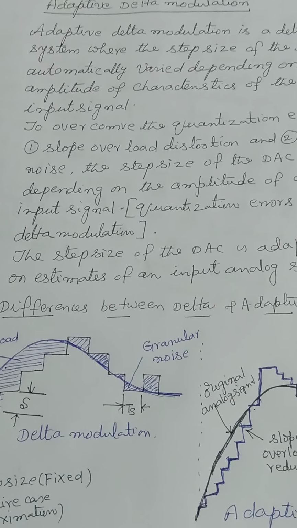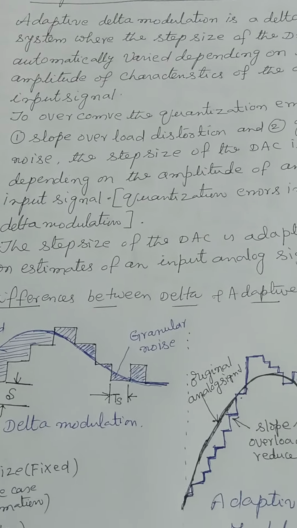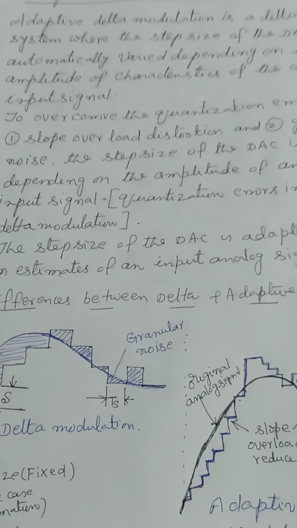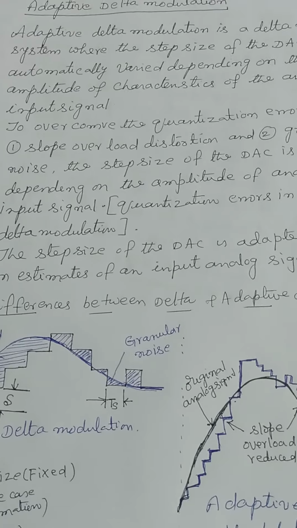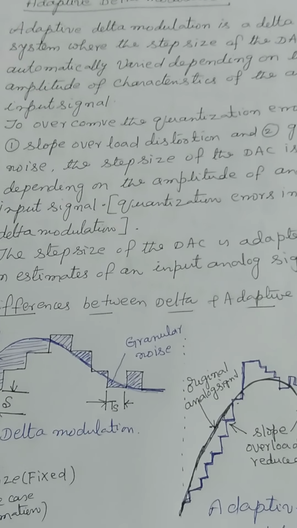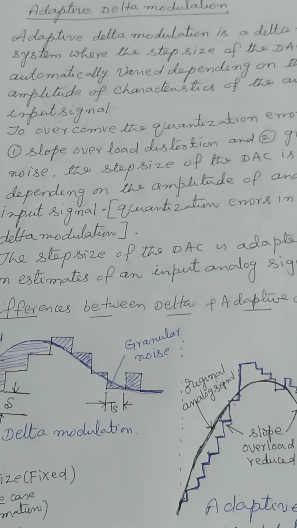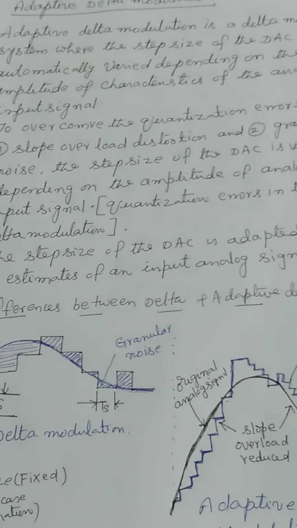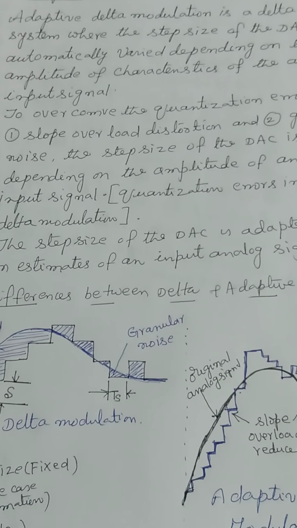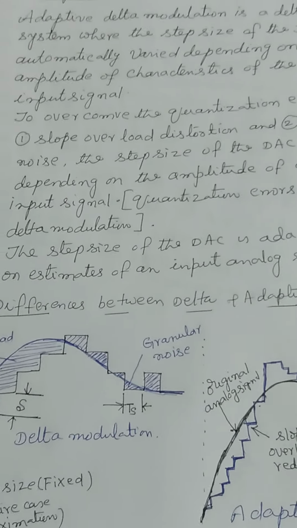To overcome these quantization errors, the step size of the digital to analog converter is varied depending on the amplitude of the analog input signal.